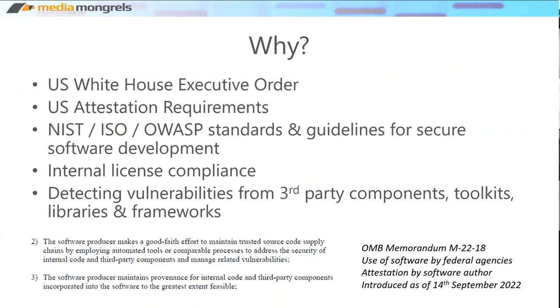Why? I think Steve touched on this: things like these White House executive orders say you must produce a software bill of materials. All of the secure development guidelines include some aspect of, you should know what goes into the software that you're giving to your customers and including in your products. Also covering things like internal license compliance.